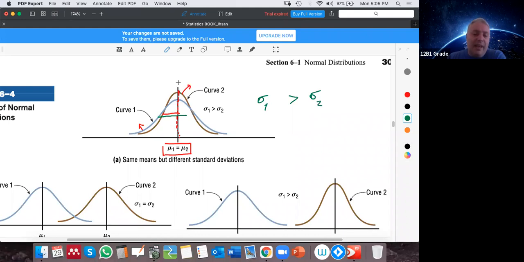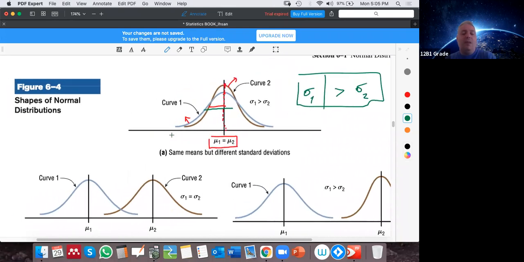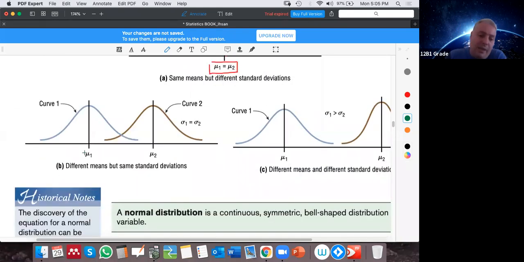For that reason, they have the common mean, but since the standard deviations are different, the tails are far away from the mean, far away from the center of the distribution. And look at here, the mu1 and mu2, the population means, are different since there is an x value here and an x value here.